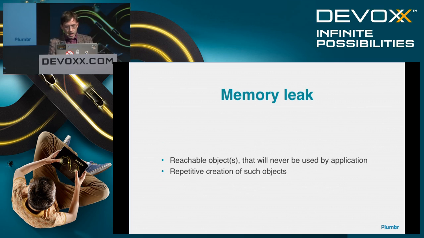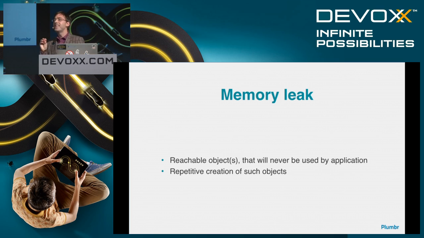Okay, and so what is a memory leak? How can a memory leak happen in the JVM, in a managed memory runtime? The memory leak definition in a Java application is quite different from that of a C application. In Java, we have a memory leak when we have reachable objects, reachable by the previous slide's definition, but those objects will not be used by your application anymore.